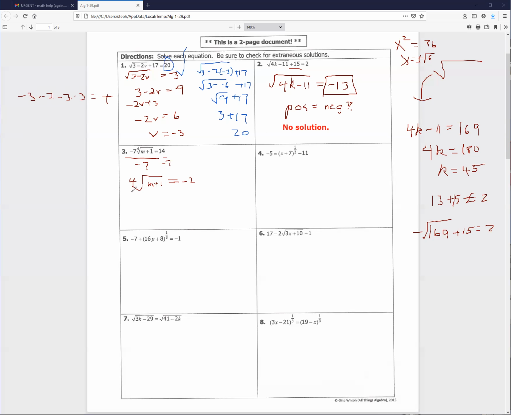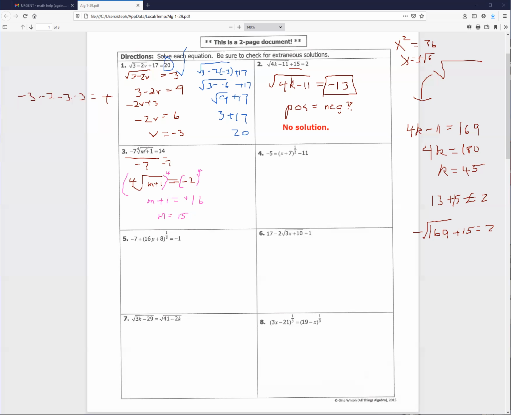Same argument here as before. If we were to do like to the 4th power, which would be what we would do to undo this, we'd get m plus 1 equals negative 2 to the 4th, which is 2, 4, 8, 16 with 4 negative signs, which makes it positive. We'll subtract 1 from both sides, we get m equals 15.